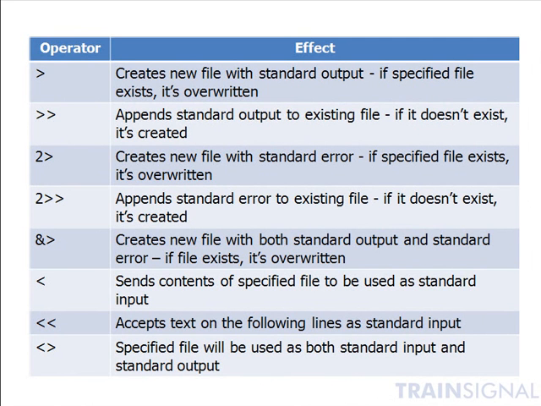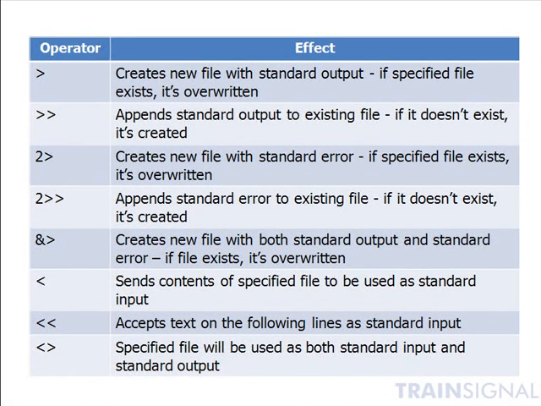The 2 greater than operator creates a new file with standard error, and if the specified file exists, it's overwritten. A common use for this command is to send error output to dev null. Next, we have the 2 operator along with 2 greater than signs. And this appends standard error to an existing file, and if it doesn't exist, it's created.